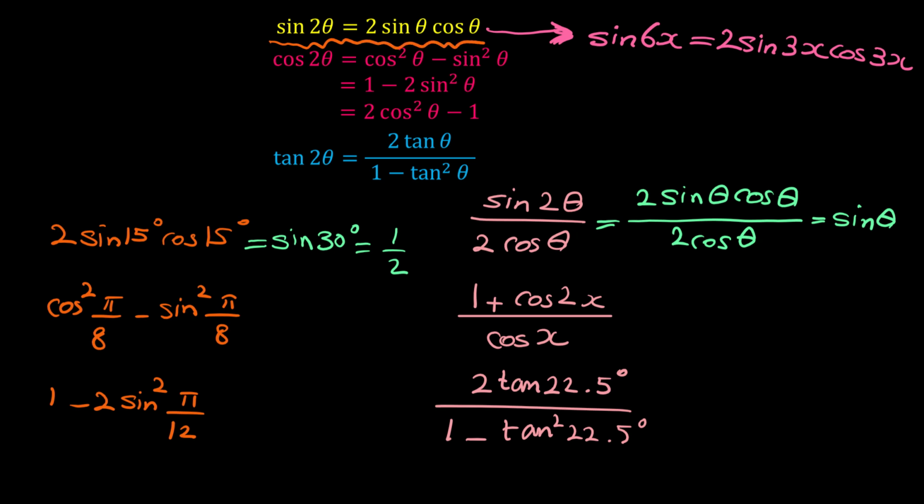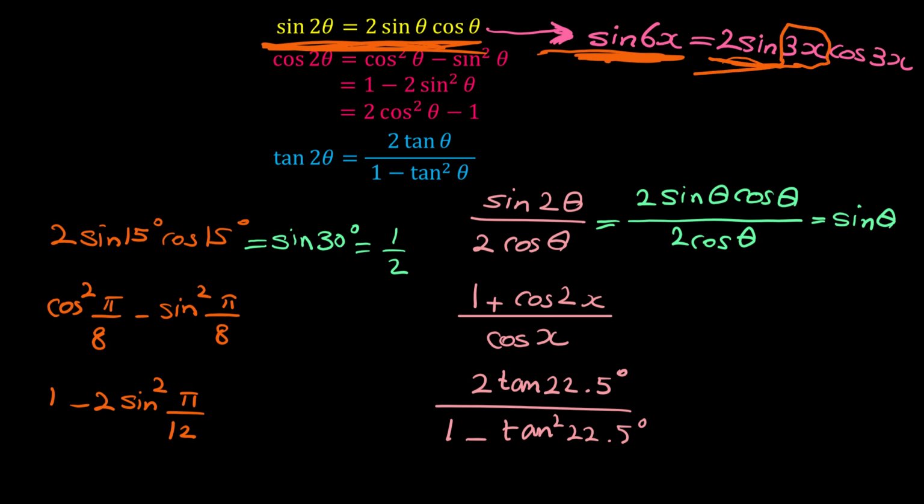What exactly does this identity tell us? Pay attention. Sine of 2 theta is 2 sine of theta. What is theta? Half of this angle. Cosine of theta. What is theta? Half of this angle which is here. So if we want to use this identity for sine of 6x, then this equals 2 sine of 3x.